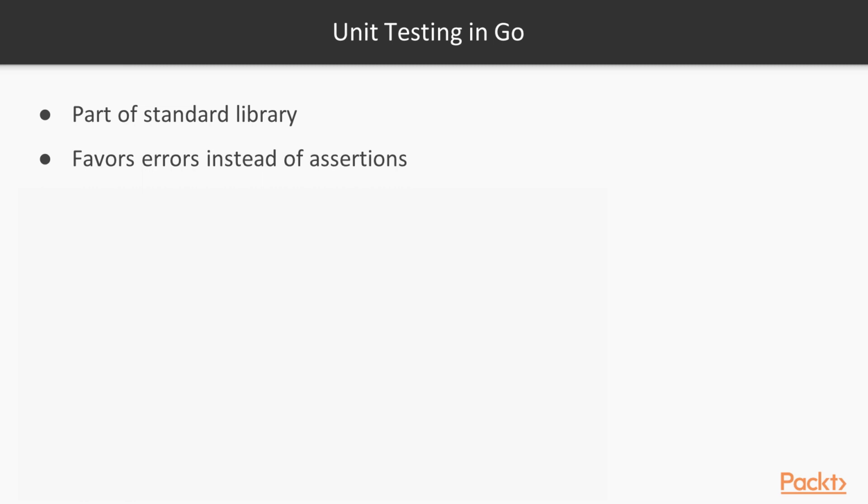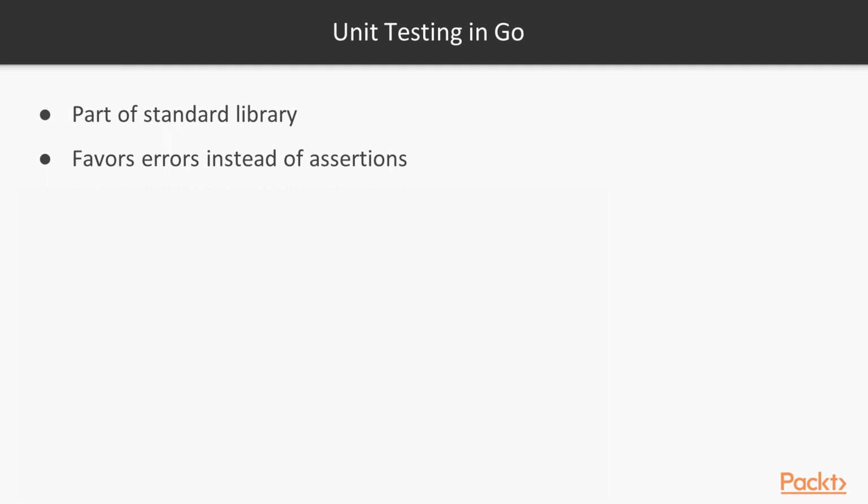Till now we explained and talked a little bit about unit testing as well as testing in general. Now, when it comes to Go, Go has a really great standard library which supports testing in itself. Besides that, the standard library favors errors instead of assertions. Most probably you have used assertions if you have done testing, for example, in Java or in other programming languages.